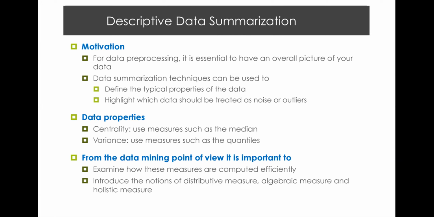From the data mining point of view, it is important to examine how efficiently we can compute these for the given data. That is the overall picture of the data, represented with data summarization.